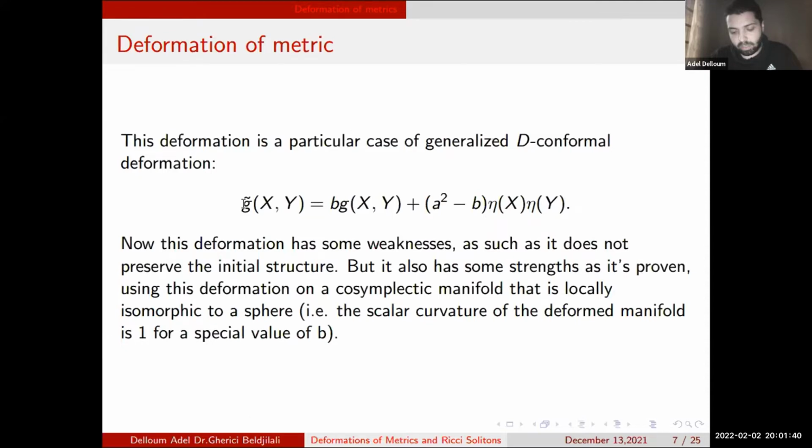Like I said, I used it on cosymplectic manifolds, and given certain values of b, we can prove that any cosymplectic manifold is locally isomorphic to a sphere.